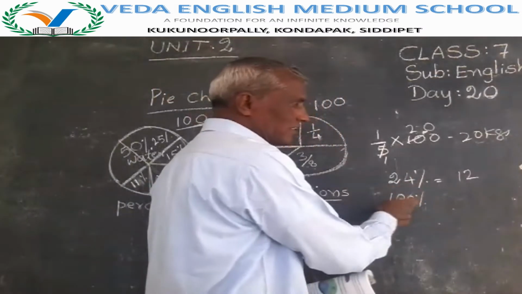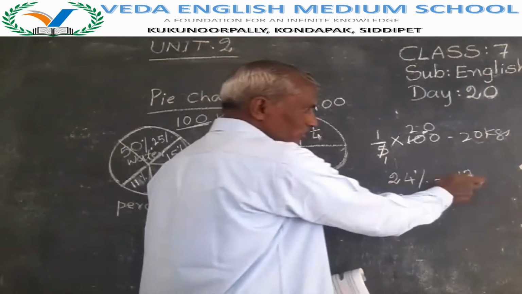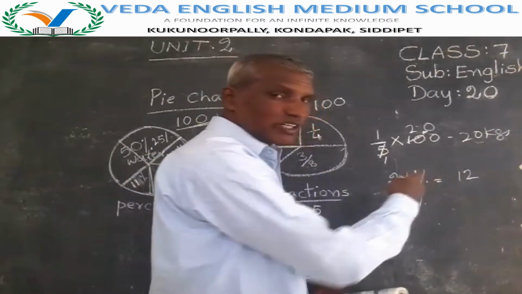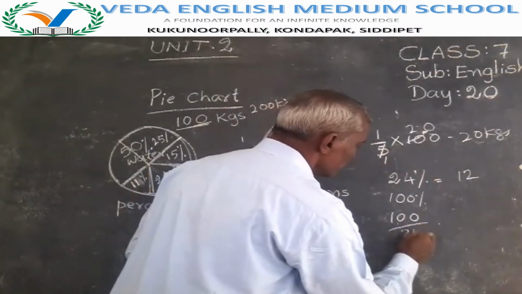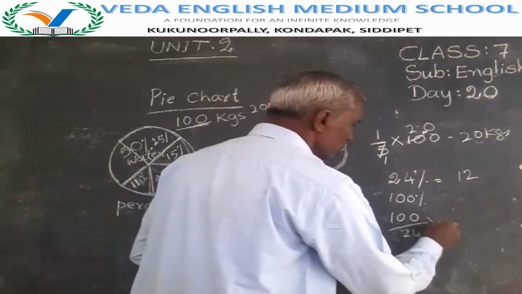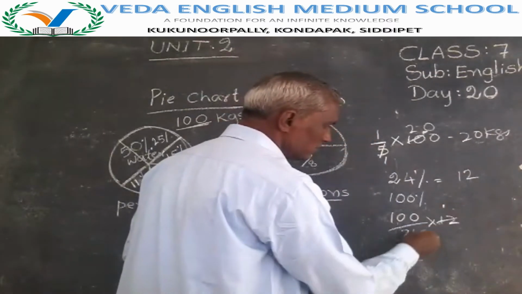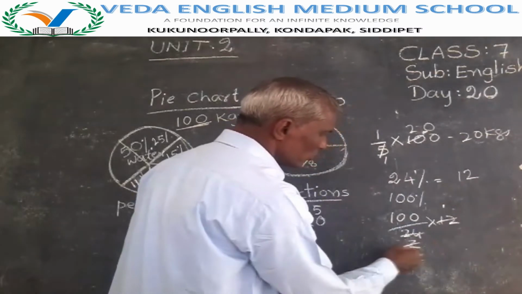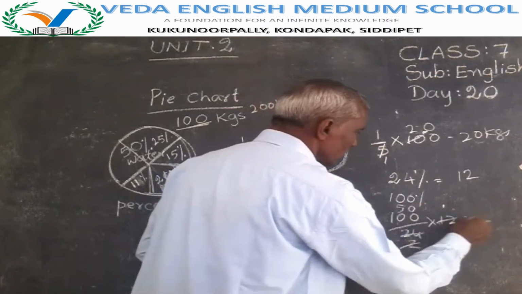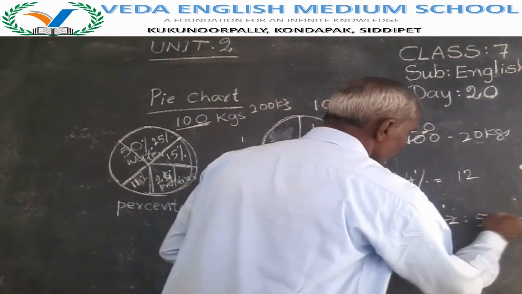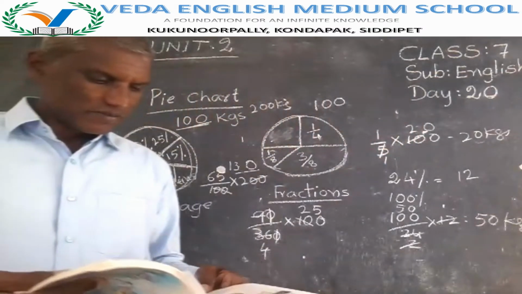The actual weight is 100%, but it is not 100 kgs. 24% is equal to 12 only. 100% is equal to how much? You should keep 100 by 24, into 12. 12 ones are 12, twos are 2, 2 fives are 10. So the actual weight of the person is only 50 kgs. Okay, it is 50 kgs.